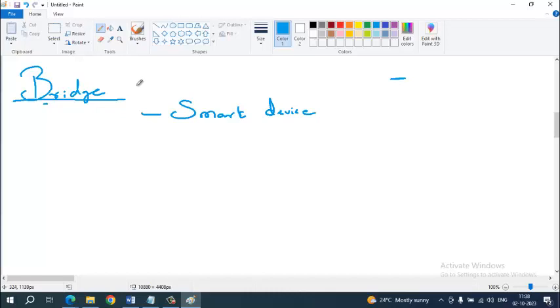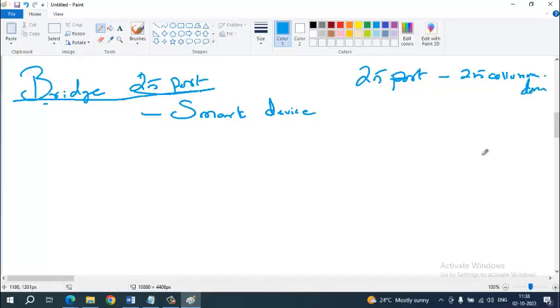A bridge, I have seen, has up to 25 ports, not more than that. The bridge is a smart device. If there are 25 ports, then you will have 25 collision domains, meaning each port will have a collision domain.